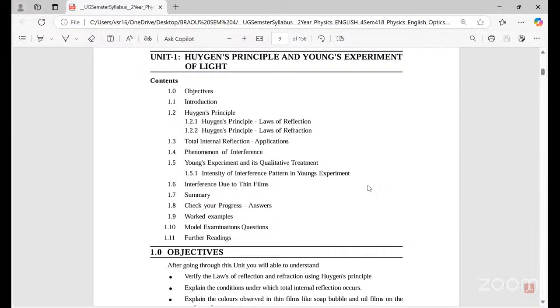And you need to know the application-oriented side of interference, that is, where you observe the interference pattern being caused. One best example is thin films.